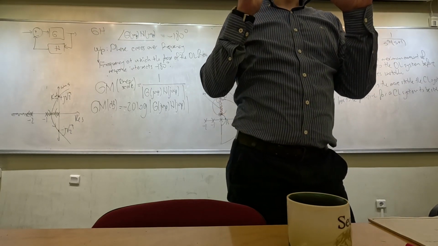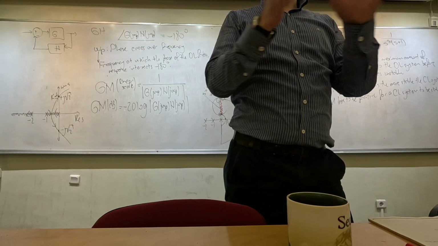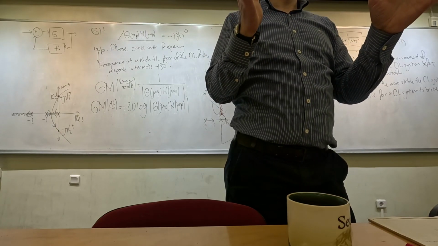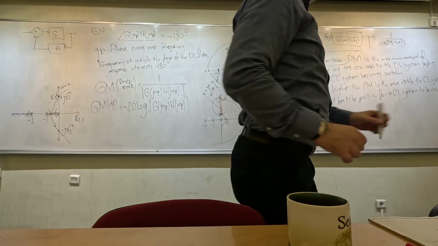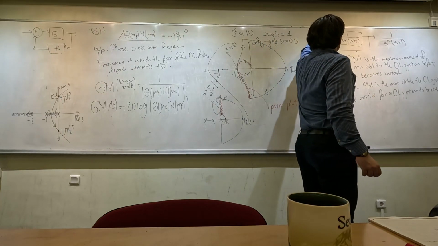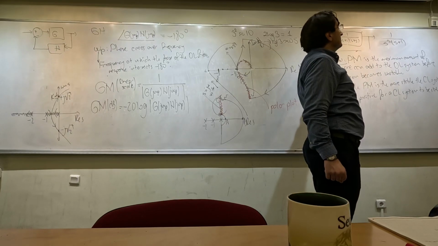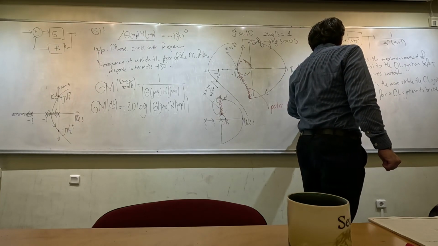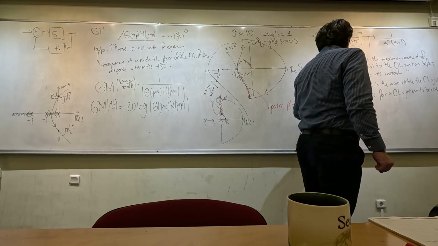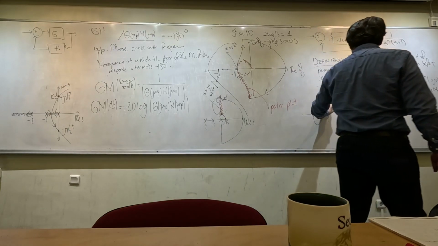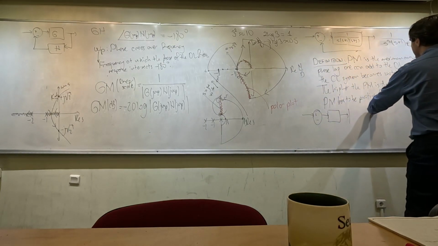Remember, gain margin is related to addition of gain into the open loop system. So here, I add a hypothetical gain into the system. For phase margin, I really do not add a hypothetical gain anymore into the open loop system.